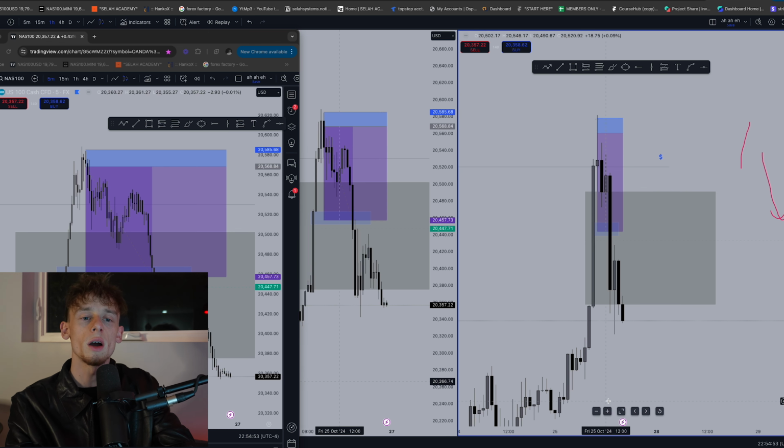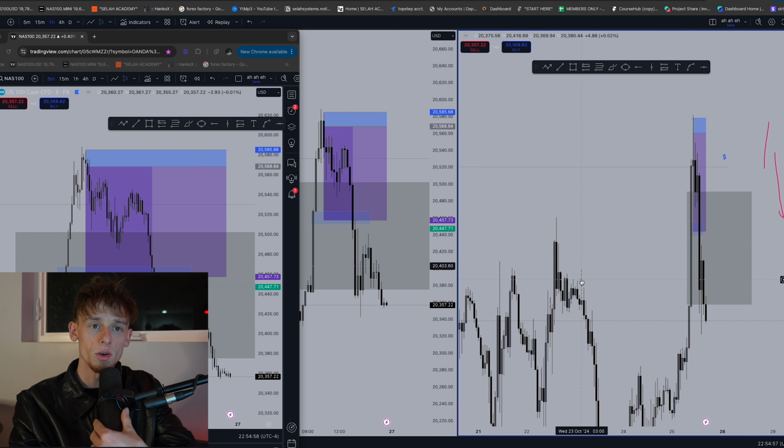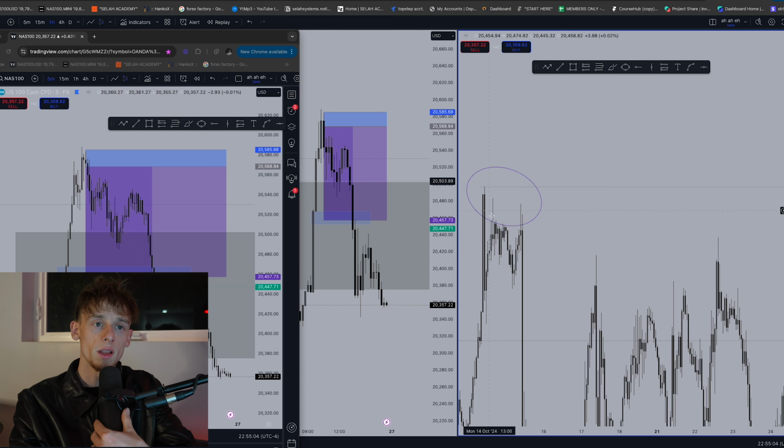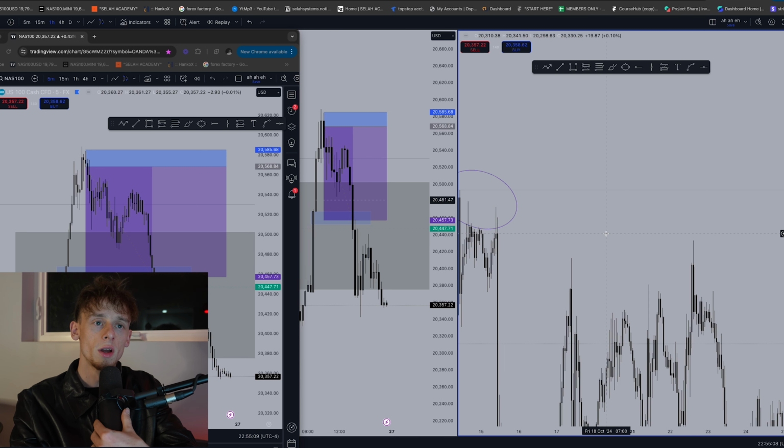If I go on the 1 hour time frame, and I do this on the higher time frames, if there's a big high like right here, this swing high, this major high, the last high before this big move, and then even this high right here matters as well.